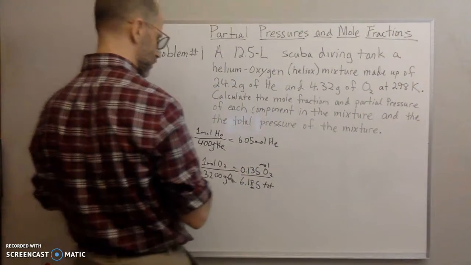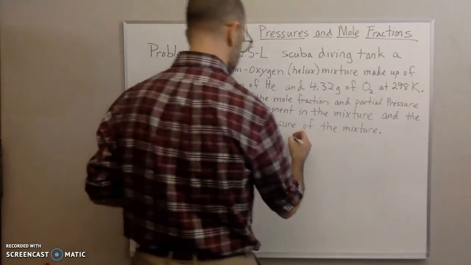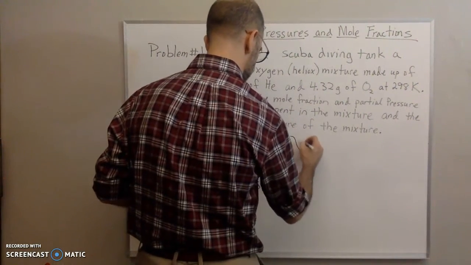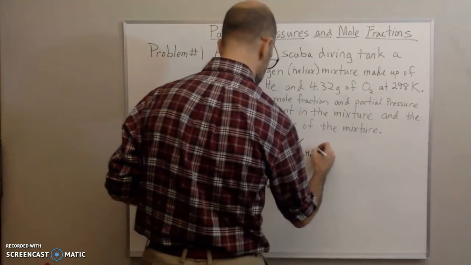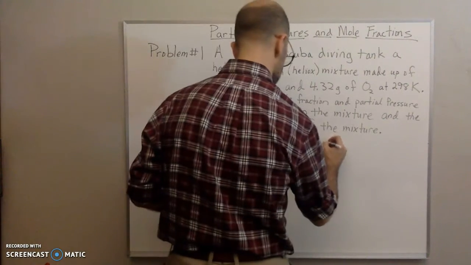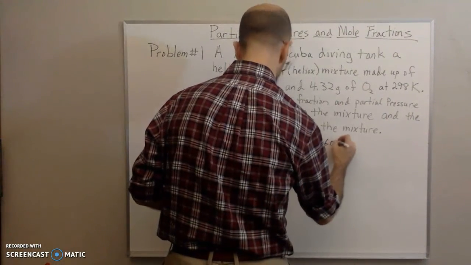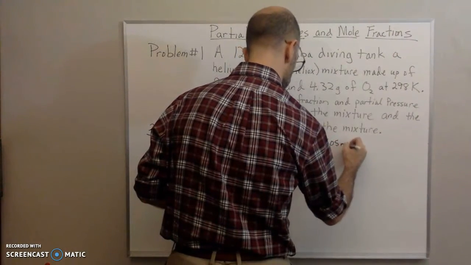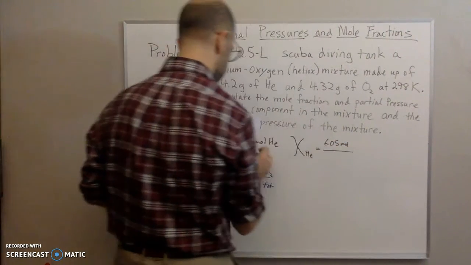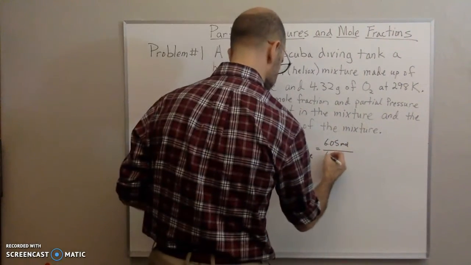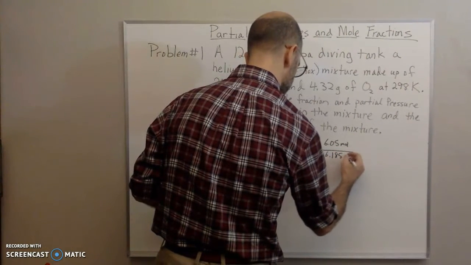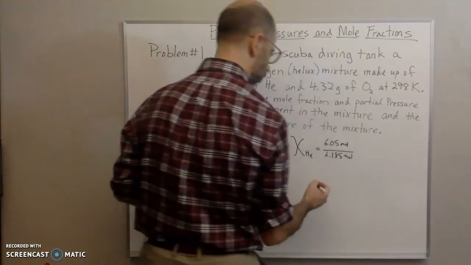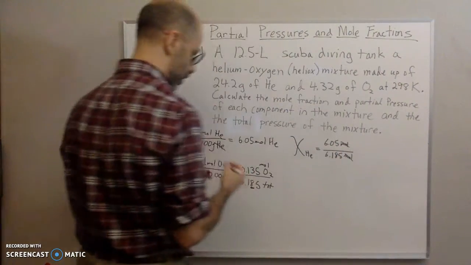The mole fractions are going to be, so you've got your chi, the mole fraction of helium is 6.05 moles of helium over the total, which is 6.185 moles total. So moles cancel out.